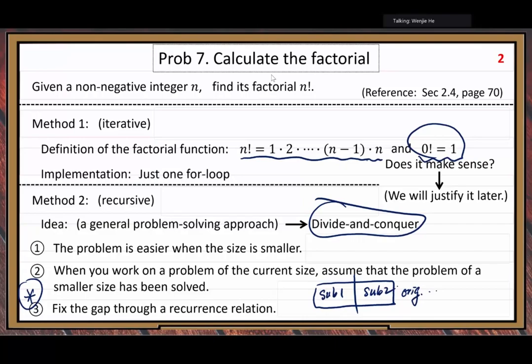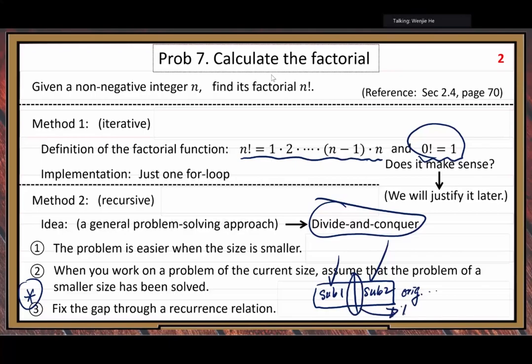How do you conquer them? By recursion, because you can further divide those two subproblems. So you can assume there is a way you conquer it by recursion. But that means you can find a solution of sub 1 and a solution of sub 2. But how do you combine these two solutions? You need to do some work to combine.